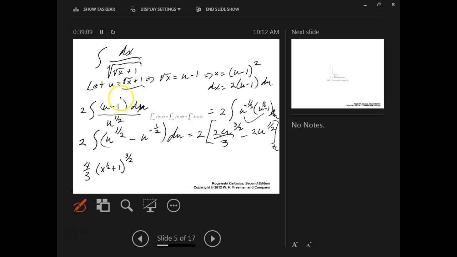That's what your u was, right? Minus 2 times 2 is 4 times x to the 1/2 plus 1 to the 1/2 power. Okay? That was your u plus c.